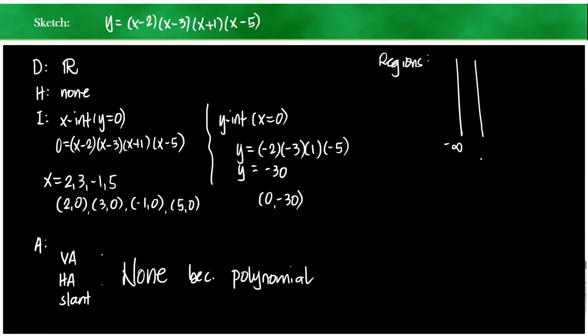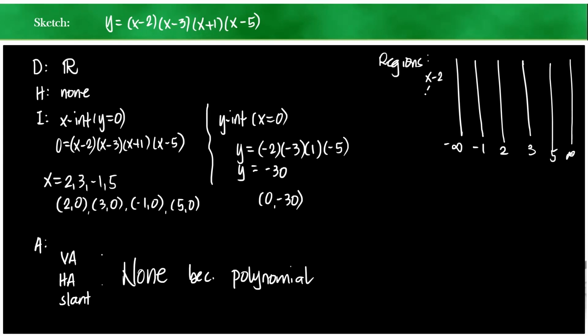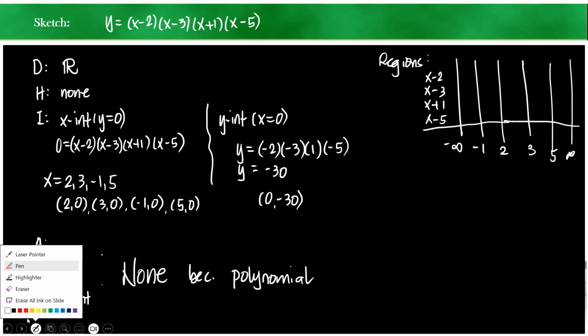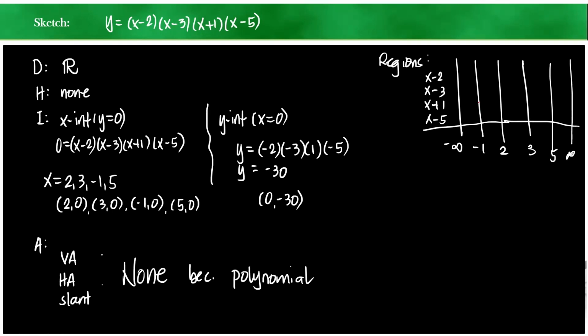Ito na yung regions ko eh. -1, 2, 3, 5, up to infinity. So I'll write here the x minus 2, x minus 3, x plus 1, and x minus 5. So let's write the zeros. Zeros would be here, here, here, and here.